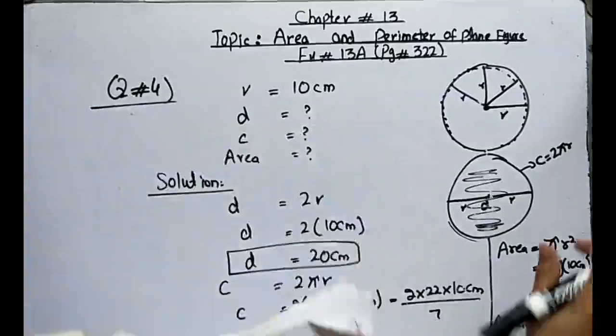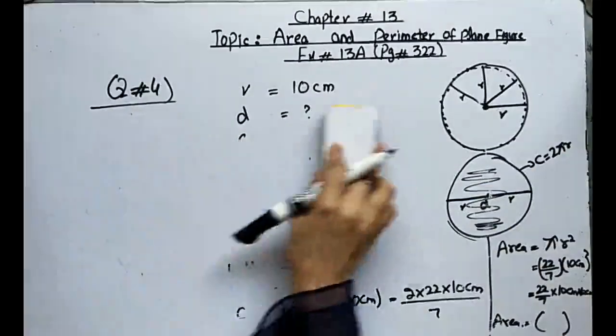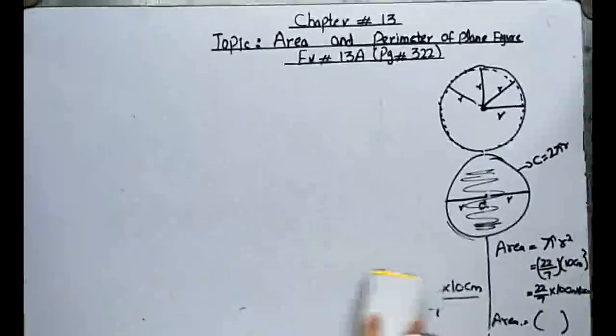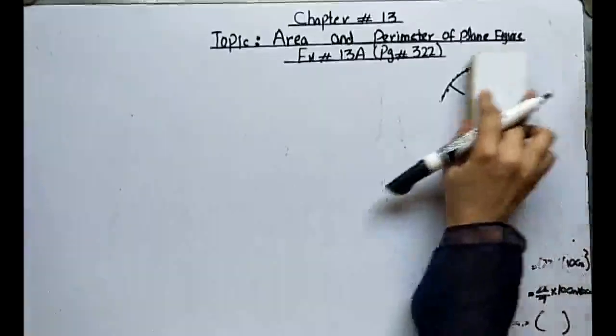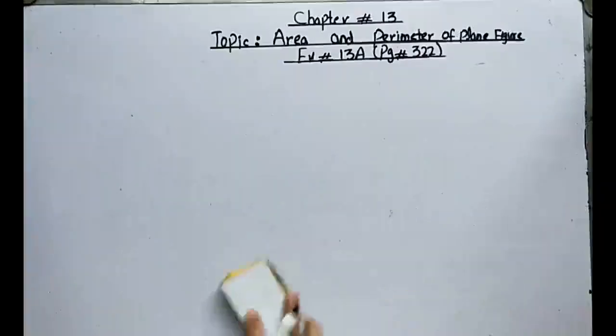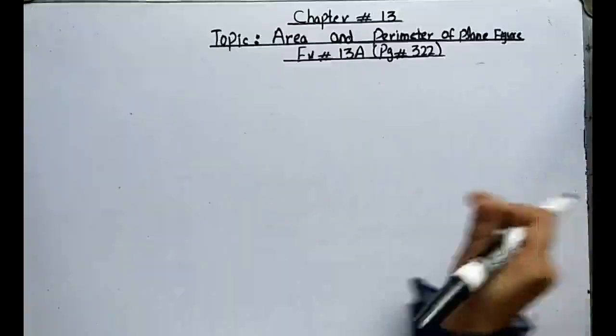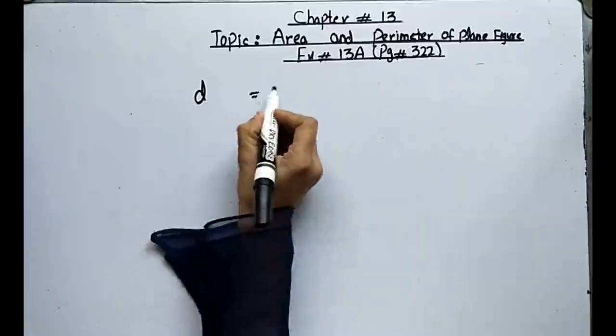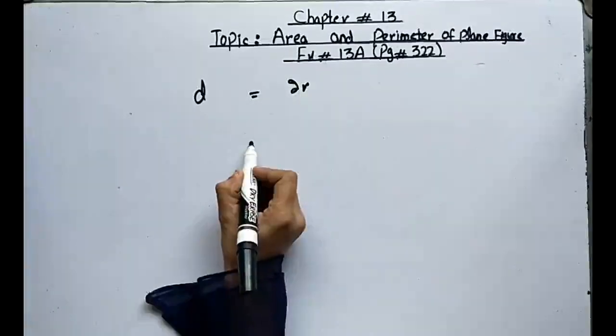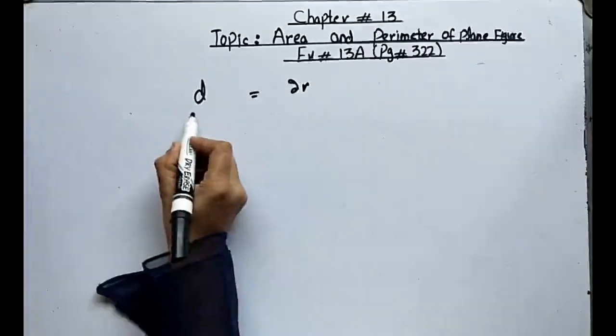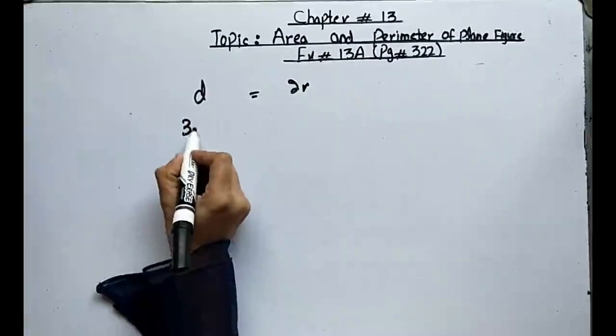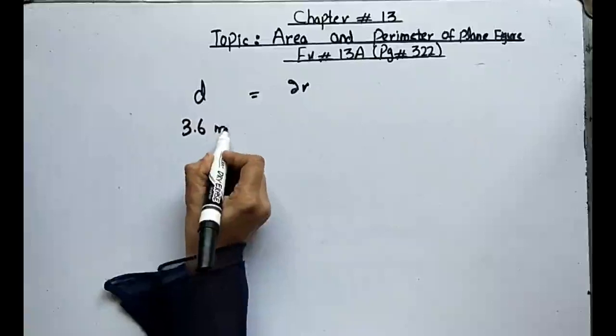As we know that the formula of diameter D is equal to 2r. They are asking about the r and D is given. D is 3.6 meter.